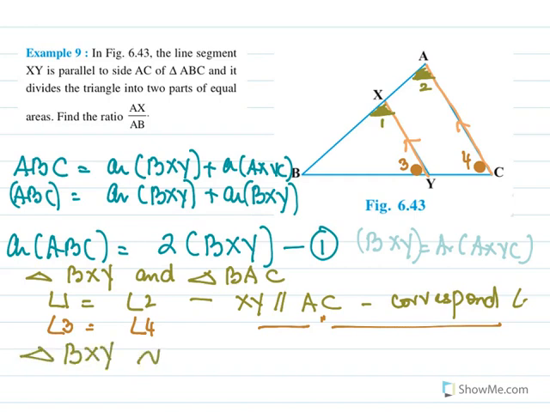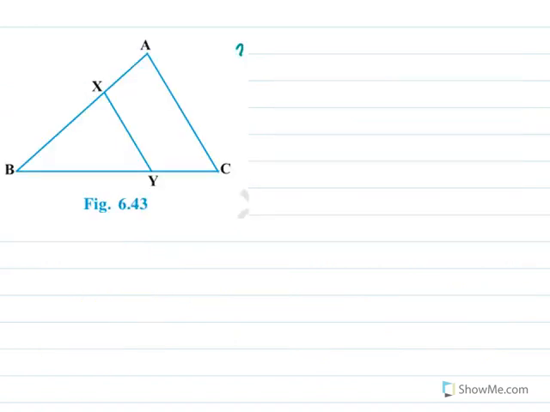Triangle BXY is similar to triangle BAC by AA test. Now if the triangles are similar, we can use all the properties of similar triangles. That's what we're going to do in the next slide. So in the earlier slide, we showed area of the big triangle ABC was twice the area of that small triangle BXY.